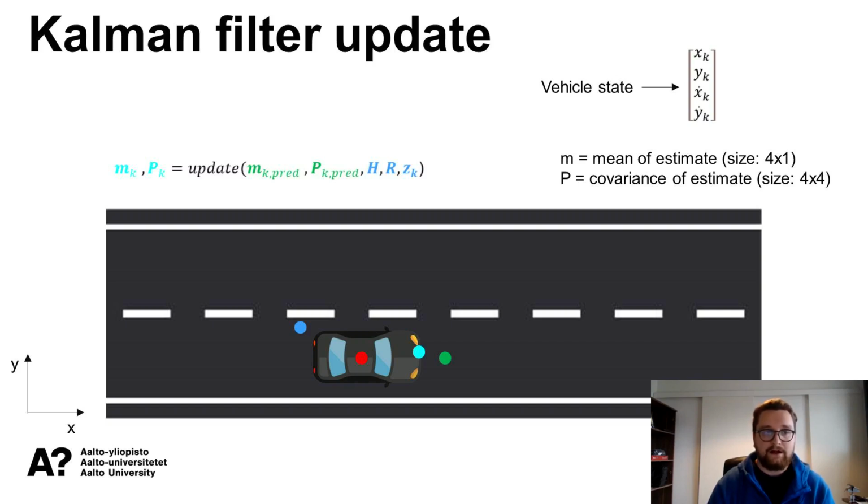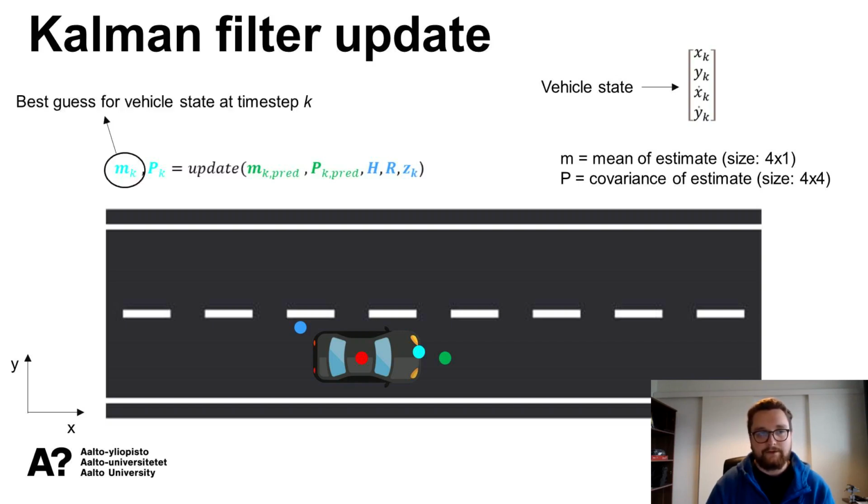And what we are getting out is the final Kalman filter estimate, the mean and the covariance of the state of the vehicle. The mean M is just a vector of 4, for each of the variables x, y, velocity in x direction, velocity in y direction. We get the mean estimate, which is the best estimate we have, and we also get the covariance P, 4 times 4, which denotes how unreliable we think the final estimate is.